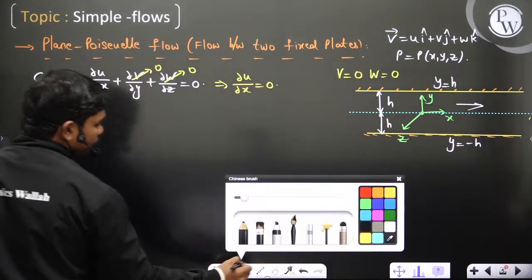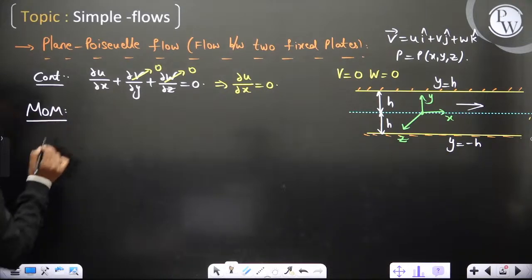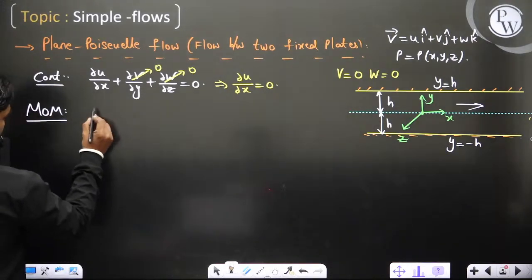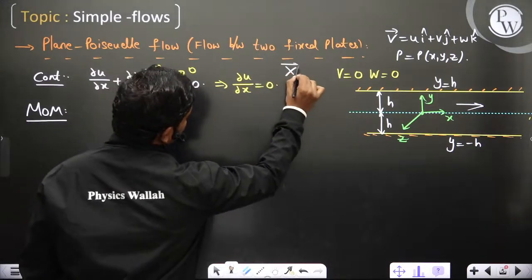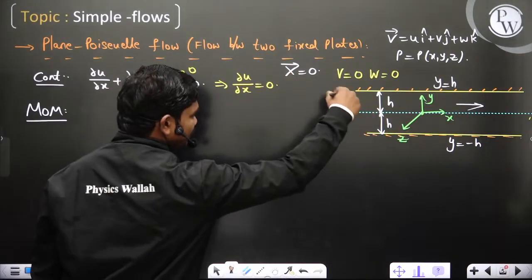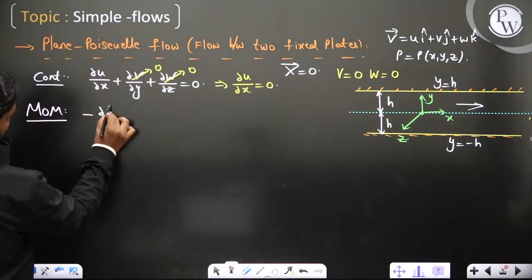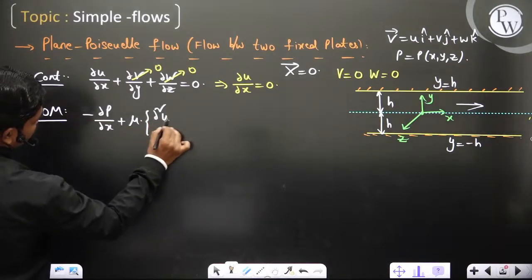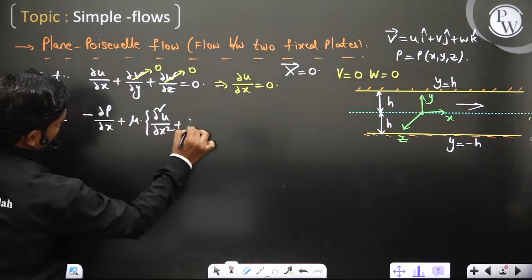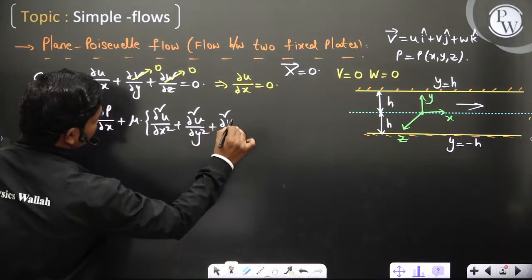Now, if you look at the momentum equations, for example, body force I am neglecting right away, because gravity is present but gravity is not driving this flow, so gravity you can neglect. So minus dou p by dou x plus mu times dou square u by dou x square plus dou square u by dou y square plus dou square u by dou z square.